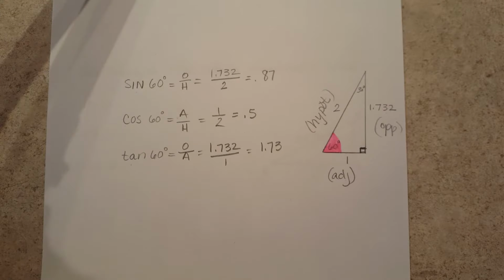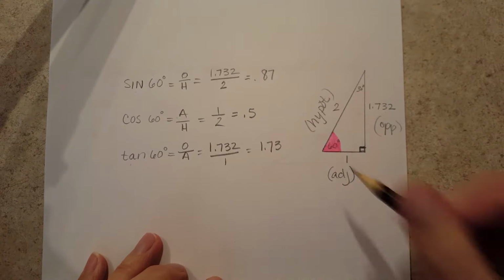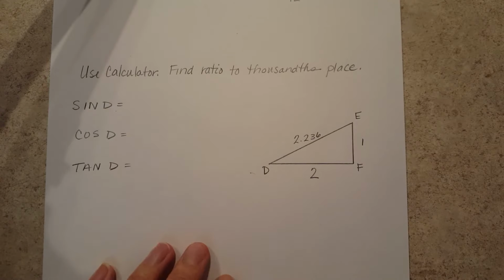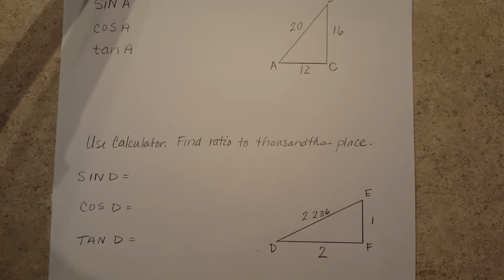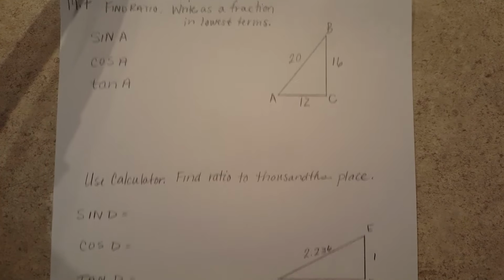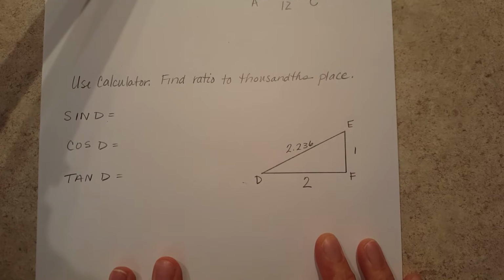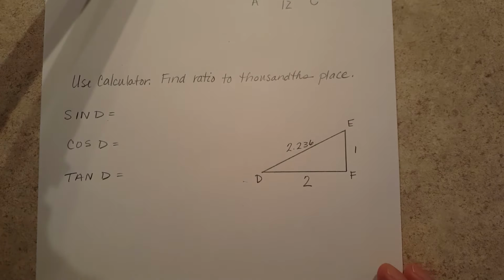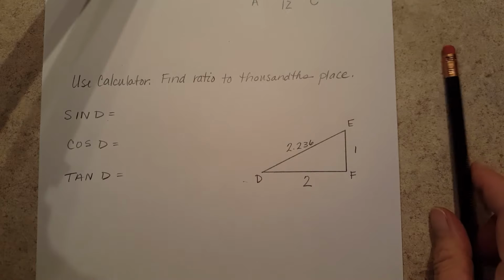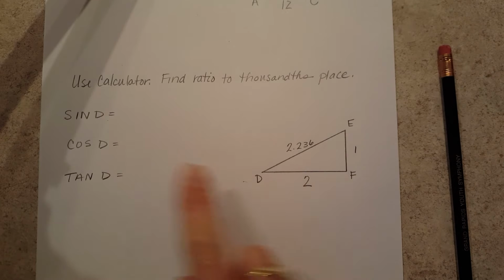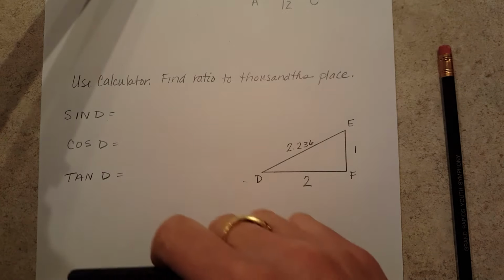Okay, so that's pretty straightforward and simple. Key thing is to make sure you use the right angle. I think we'll do these on the bottom here and skip that top. I think you've got it. I think you'll do just fine. Let's do a couple of these and then we'll let you loose.